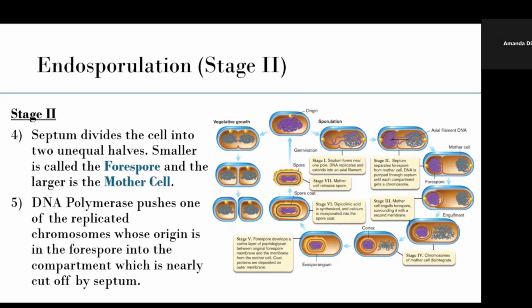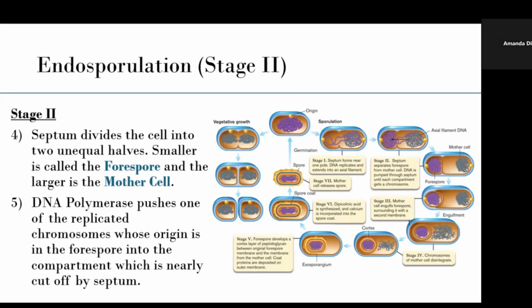This is where the septum starts to divide, but it's not going to be in the middle. It's going to be somewhat unequal. We're going to form one really small compartment and one larger compartment. And this will start to occur before we've completed replication. And replication is mostly happening on the bigger side of the septum.